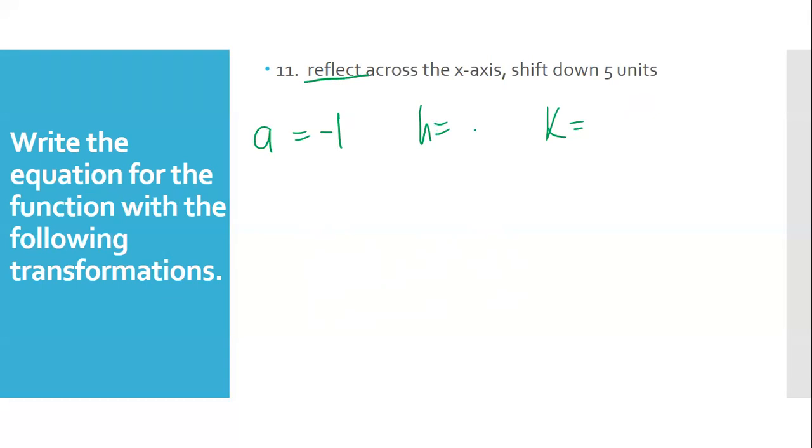Did we go left or right? Nope. And we went down 5, so that makes it K. So we plug it all in. Y equals -1, x minus 0 squared minus 5. That would be an okay answer. It's not the most concise. The concise answer would be y equals negative x squared minus 5.